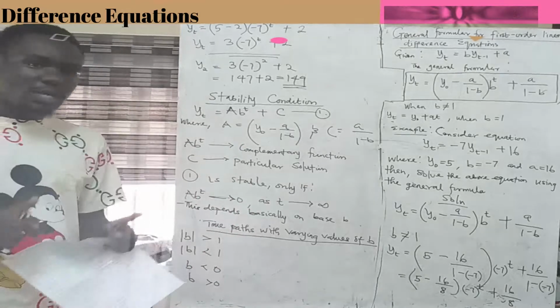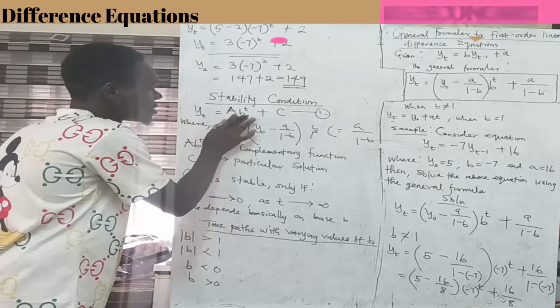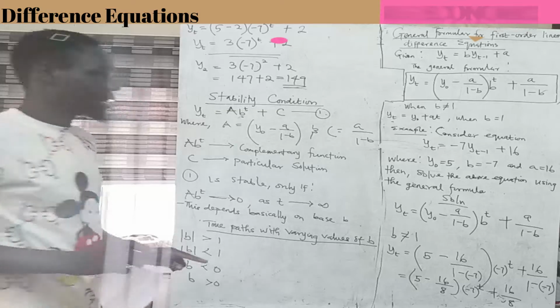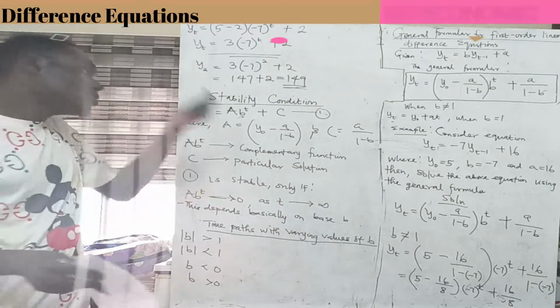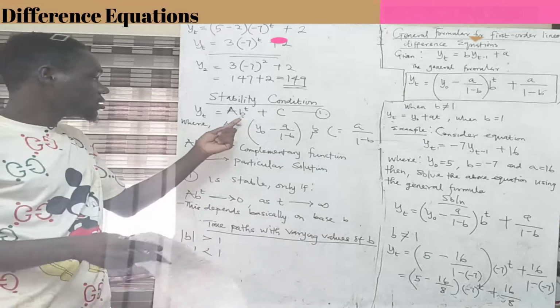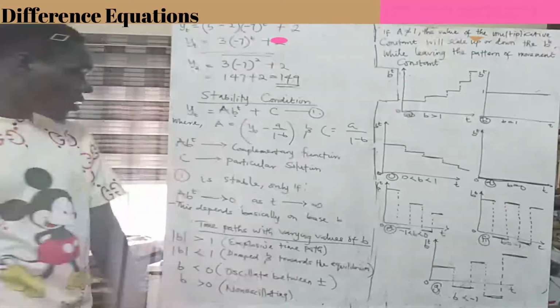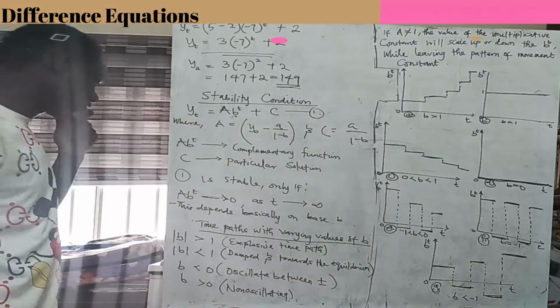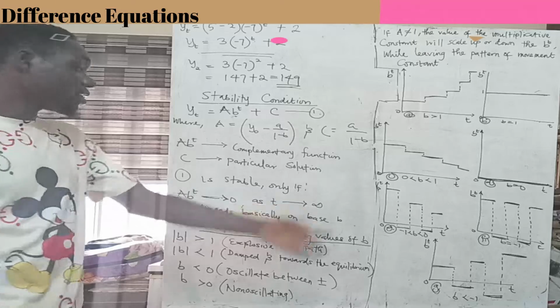Now again, this depends on the value of b, the base here, and that is why we can have different time paths being generated depending on the changes in this base. So, like we said, the time paths vary with the values of b.